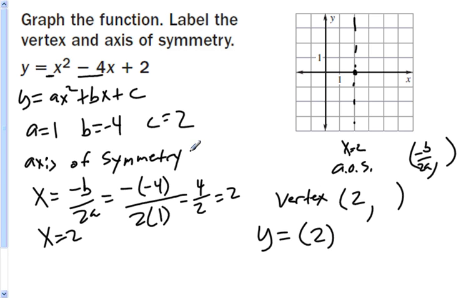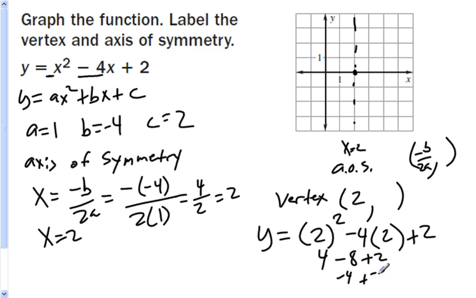So I've got 2 squared minus 4, and here's another x, we're going to plug in the 2, plus 2. And we'll just calculate the value. So 2 squared is 4. Negative 4 times 2 is negative 8, plus 2. 4 minus 8 is negative 4. Negative 4 plus 2 is negative 2. So when x is 2, the y value is negative 2. So that's our vertex. We're going to plot that point, 2, negative 2.